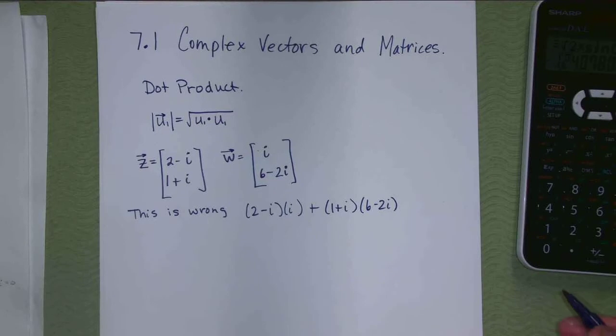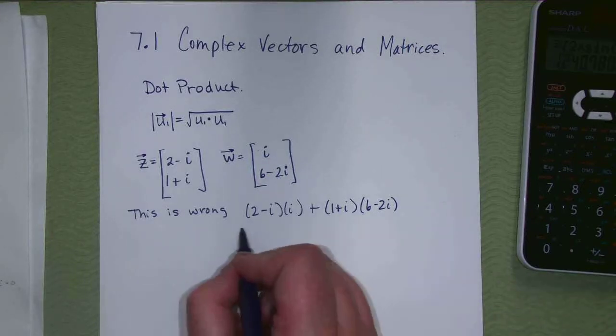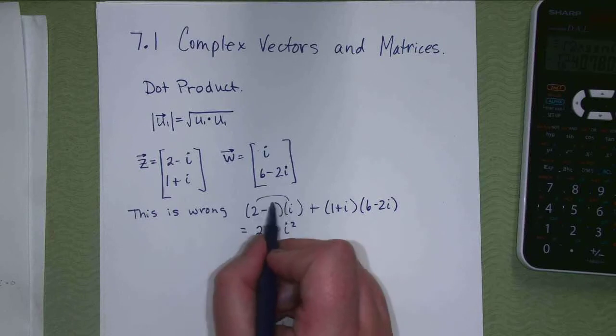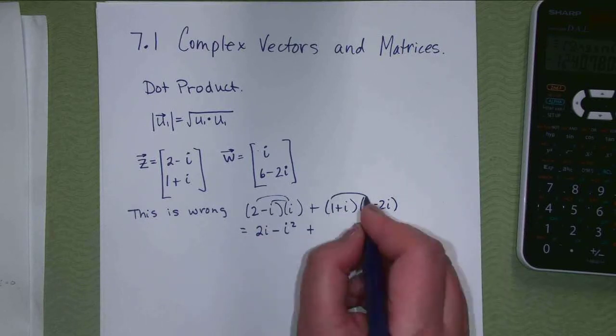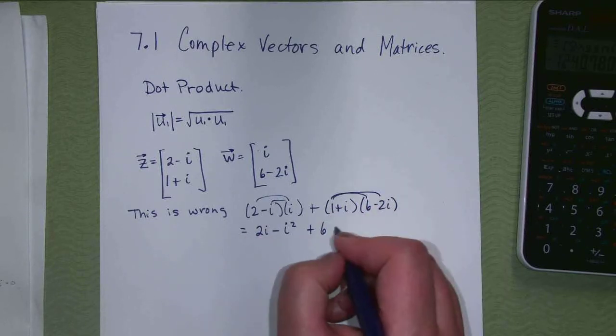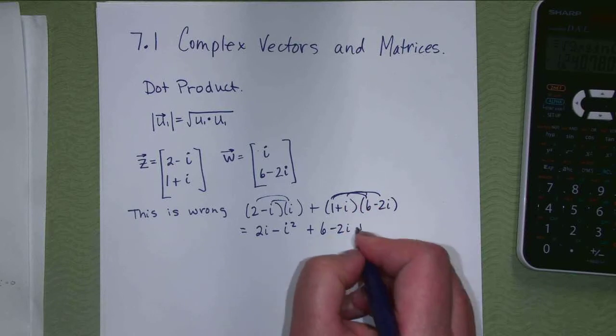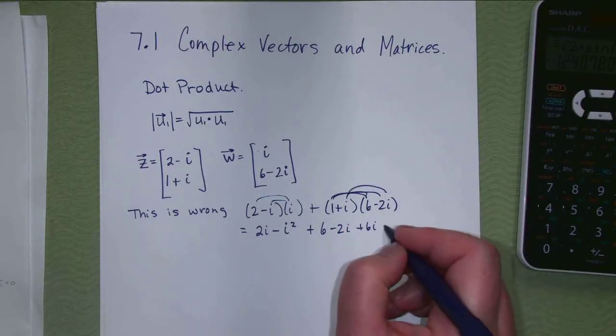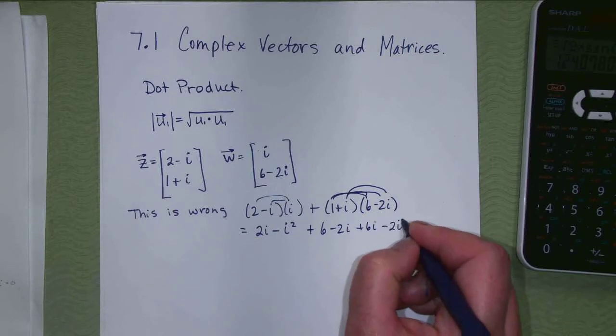Okay? So this is the normal way to do it, but when there are complex numbers in it, this is not the right way. We actually have to change something first. But if we work this out, 2i minus i squared, plus 6 minus 2i plus 6i minus 2i squared.